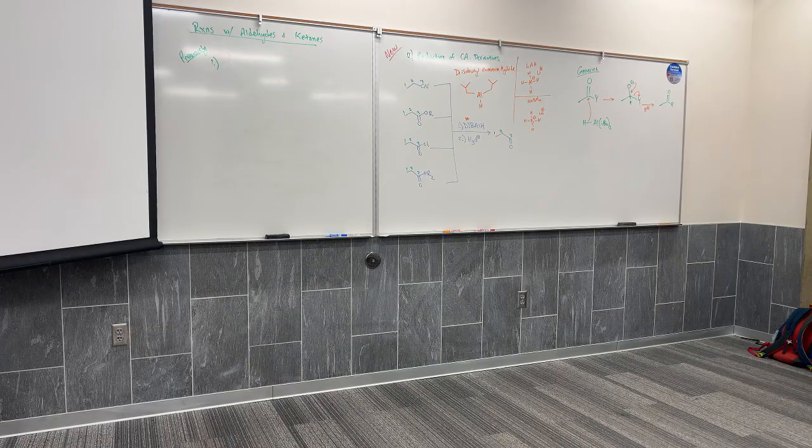What did we learn how to do in the very first section? Before we learned how to do EAS, before we learned how to do NAS, what did we take aldehydes and ketones through? Oh man, my brain is so slow.